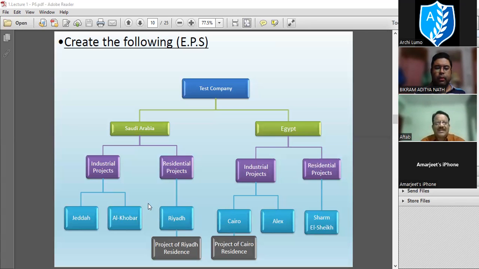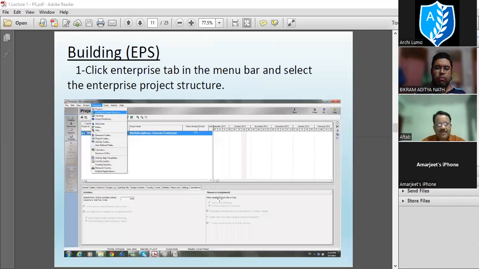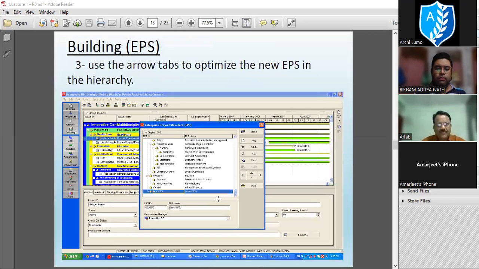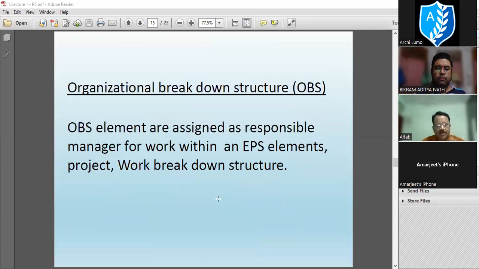Now, a term is OBS, organizational breakdown structure. I will explain it again. Let me go to this slide now.